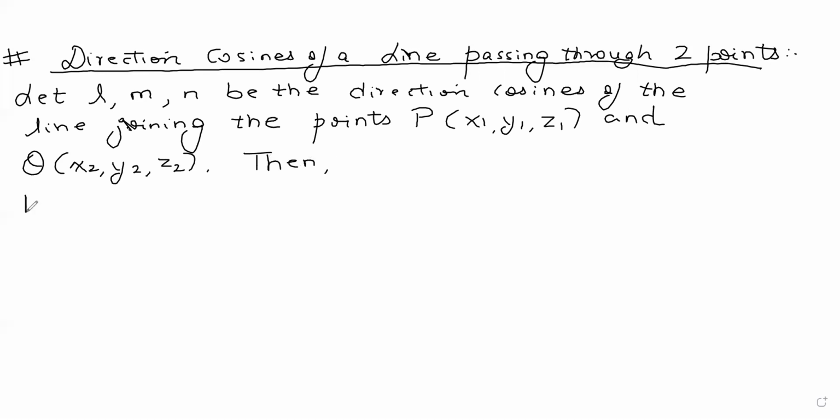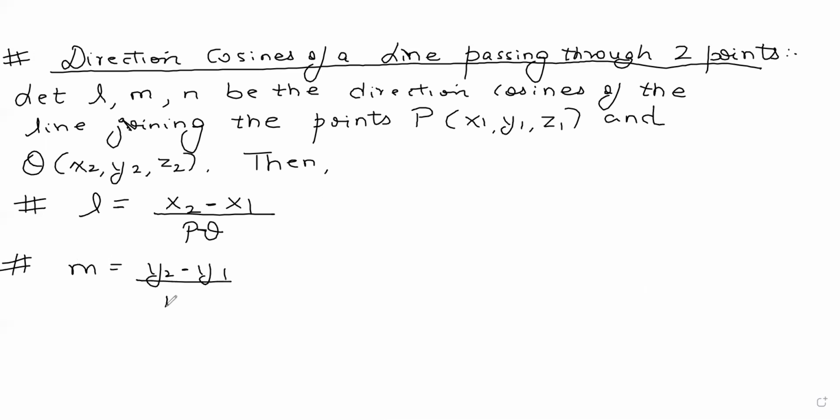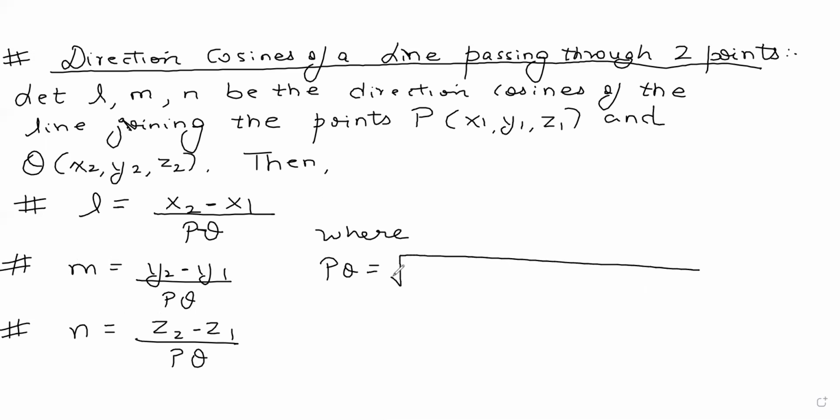Then L will be equal to x2 minus x1 upon PQ. M will be equal to y2 minus y1 by PQ, and N will be equal to z2 minus z1 by PQ, where PQ is nothing but the distance between the points P and Q.